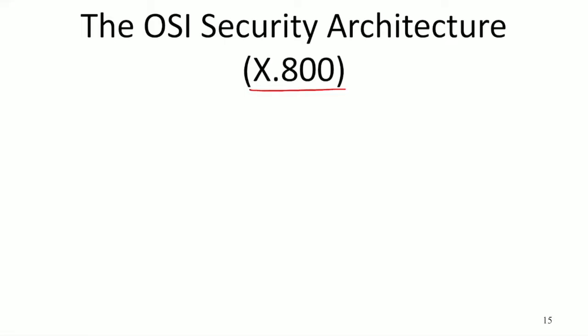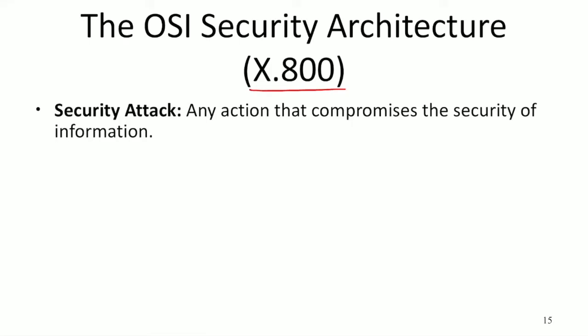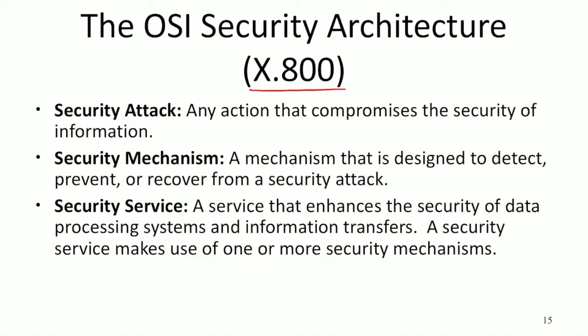The OSI security architecture focuses on attacks, mechanisms, and services. A security attack is any action that compromises the security of information owned by the organization. A security mechanism is a process or a device that is designed to detect, prevent, or recover from a security attack.